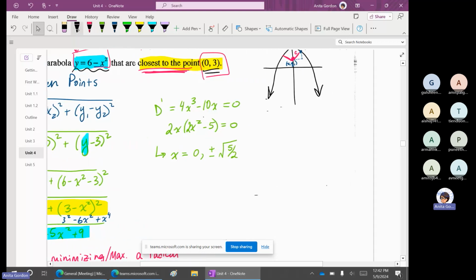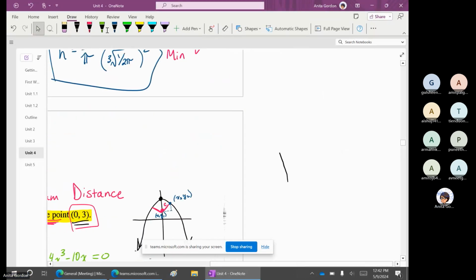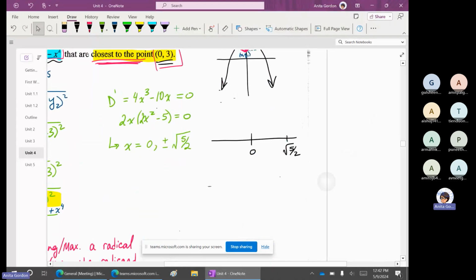And again, as we did yesterday, you can use D prime to figure out what is the derivative between these 2 points. Okay, so we can test what is d prime of, I don't know, -5/3.